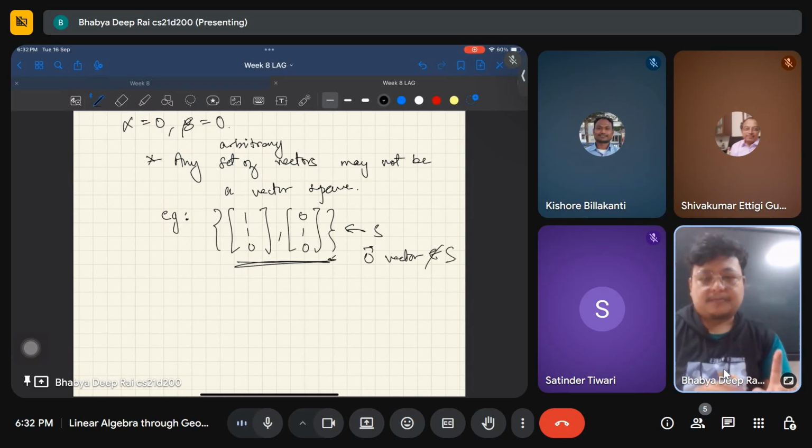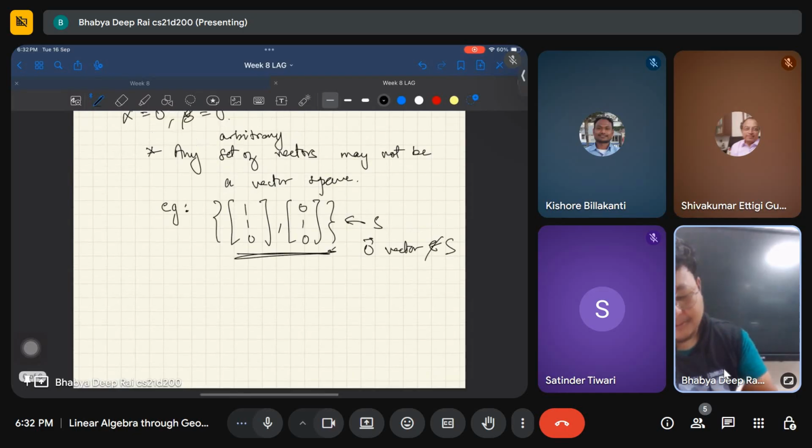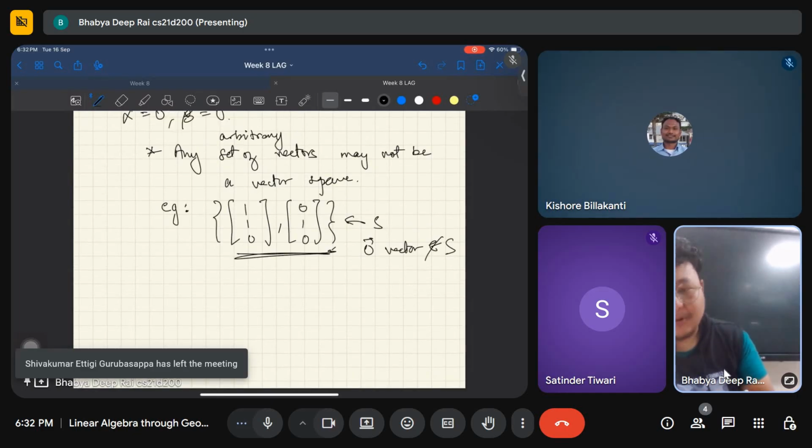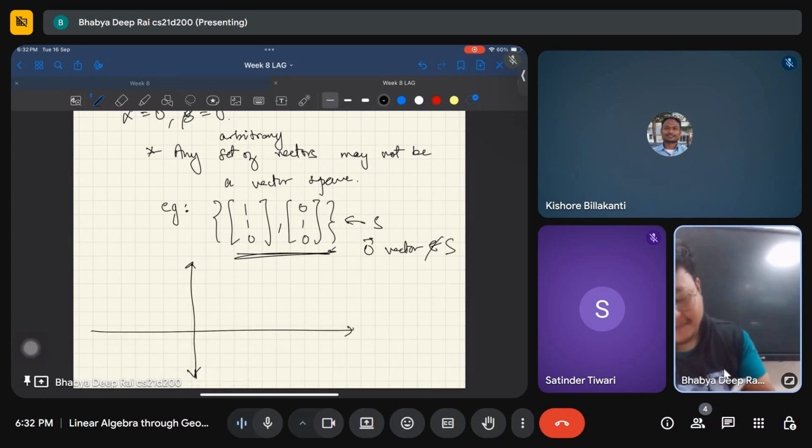Of course, I can always find a plane through which both of them will pass, right? So what is the idea graphically? Even if I have a set of vectors, it needs to have a zero vector. What does that mean?